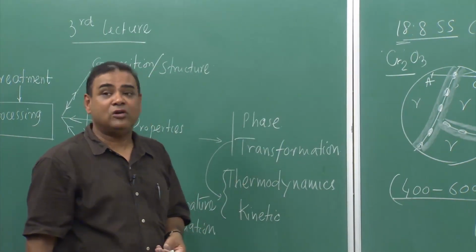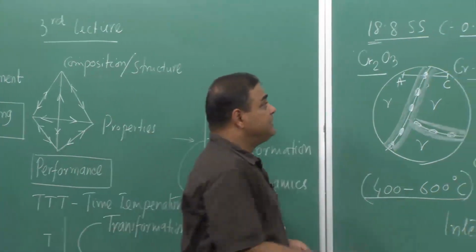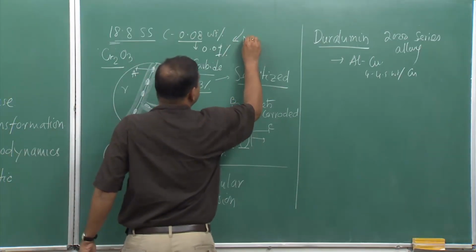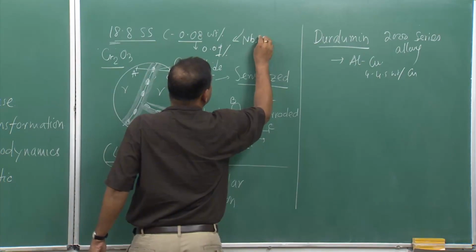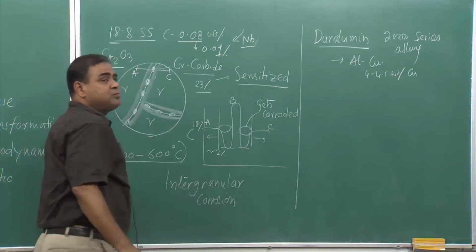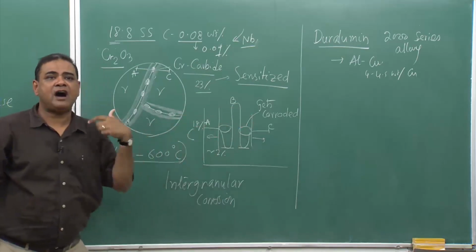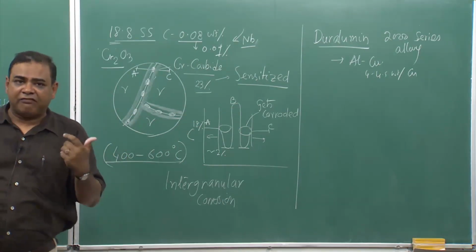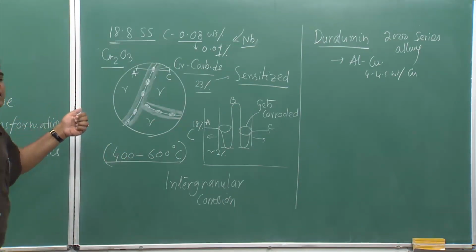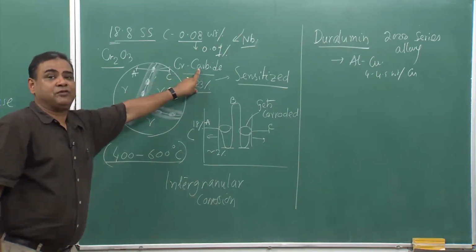Or we can also add a little bit of niobium. So, that niobium will take care of this carbon, because niobium has a higher carbon affinity. So, niobium would form niobium carbide, but it would not allow the chromium carbide to form.